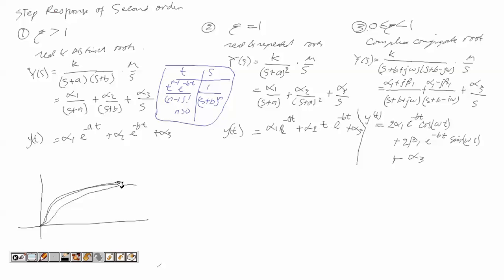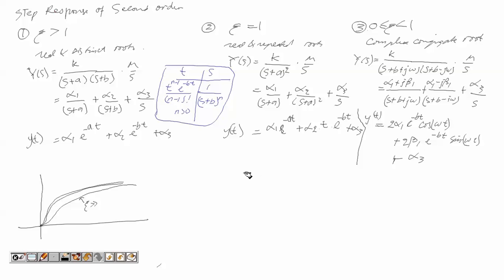When theta is higher, this one is a very sluggish, very slow response. For theta smaller, the response will be like this.